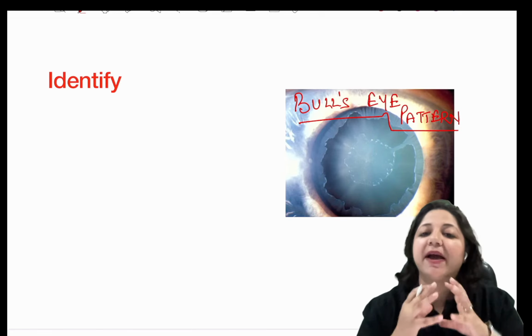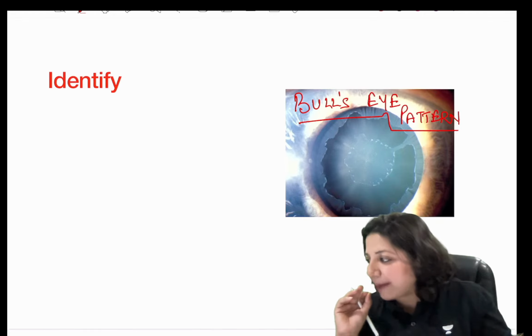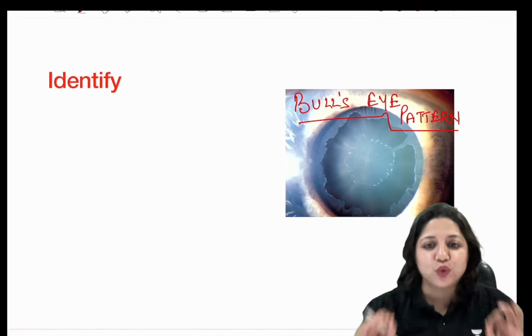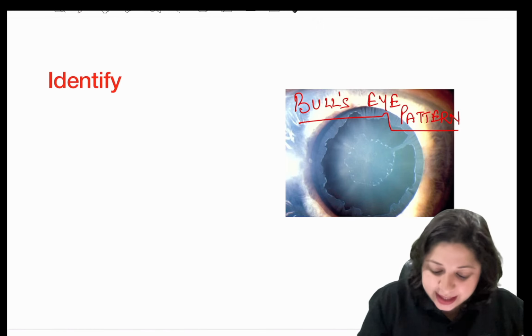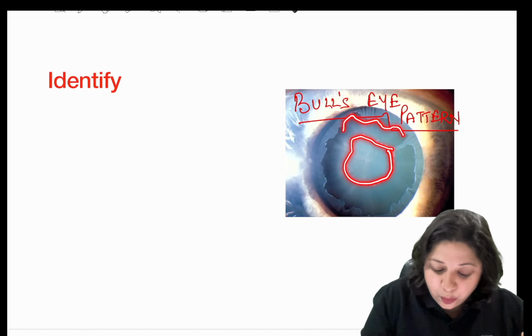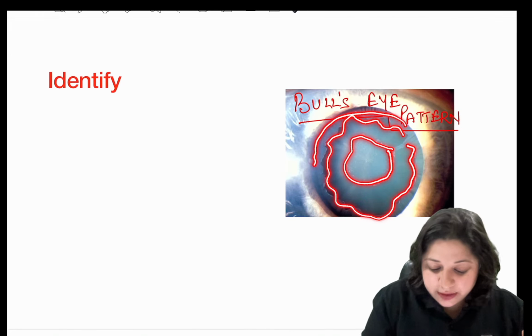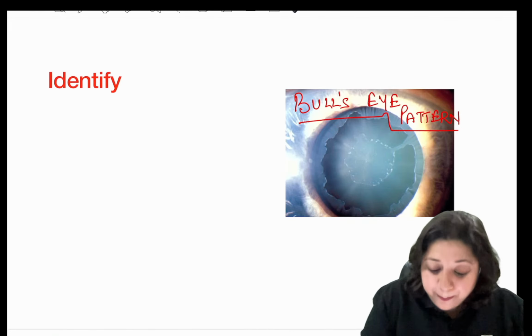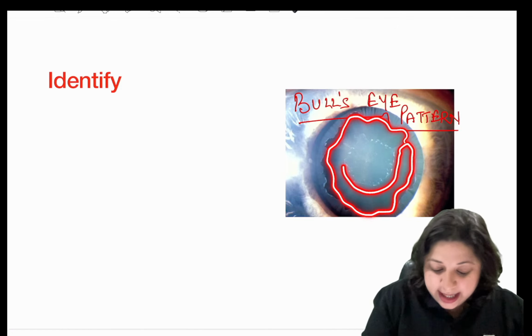So what do we mean by bullseye pattern? Whenever I say bullseye pattern, you are absolutely correct, the diagnosis is pseudo exfoliative. But what is happening here is, if you see, there's a collection of the material here in the center, then there's an area which is free of the deposited material, and then again the material is present in the periphery. Why is this area clear of the deposits?